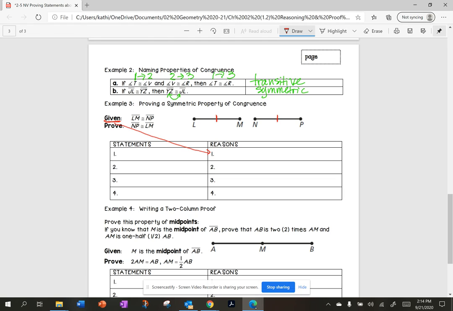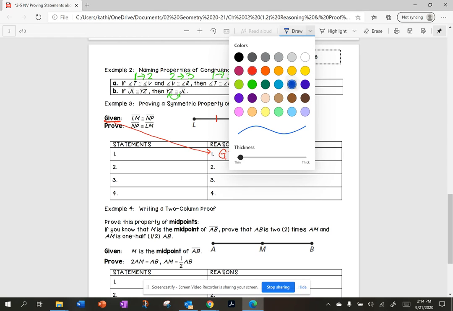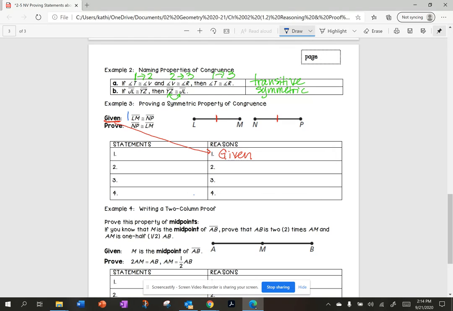I always write given as my first reason. Next, the information I'm given, I write in my first statement. So segment LM is congruent to segment NP.